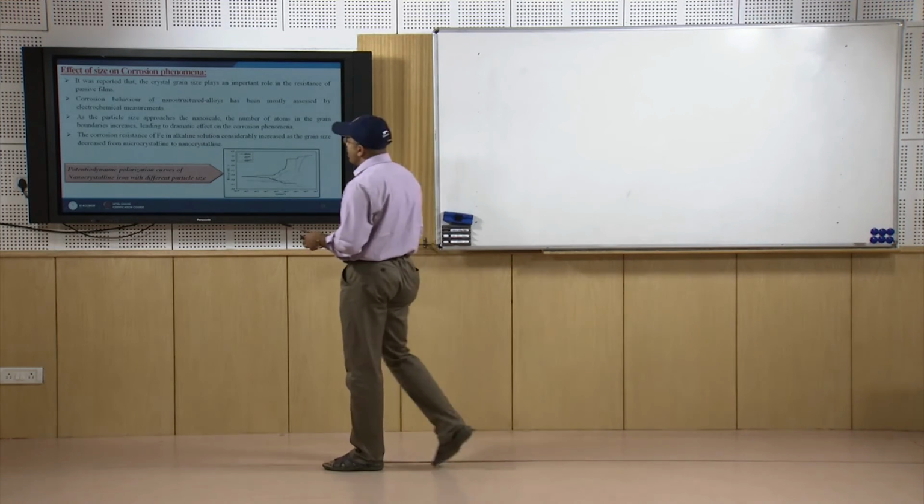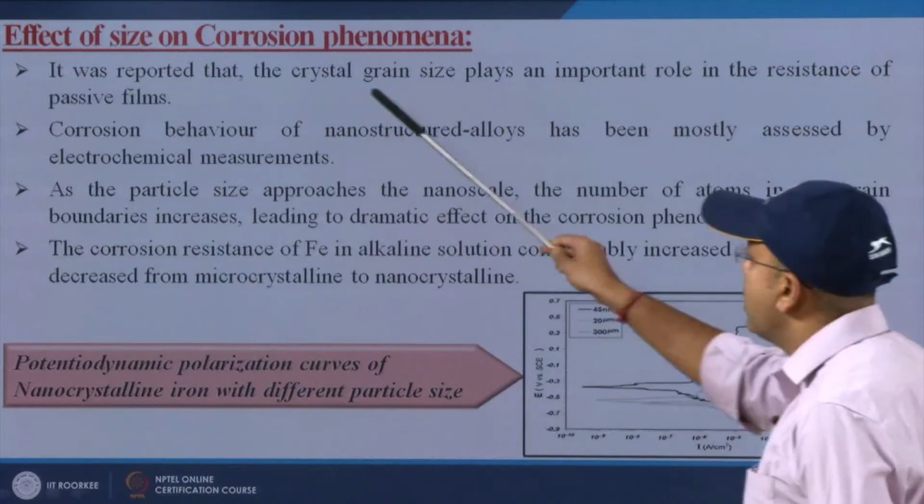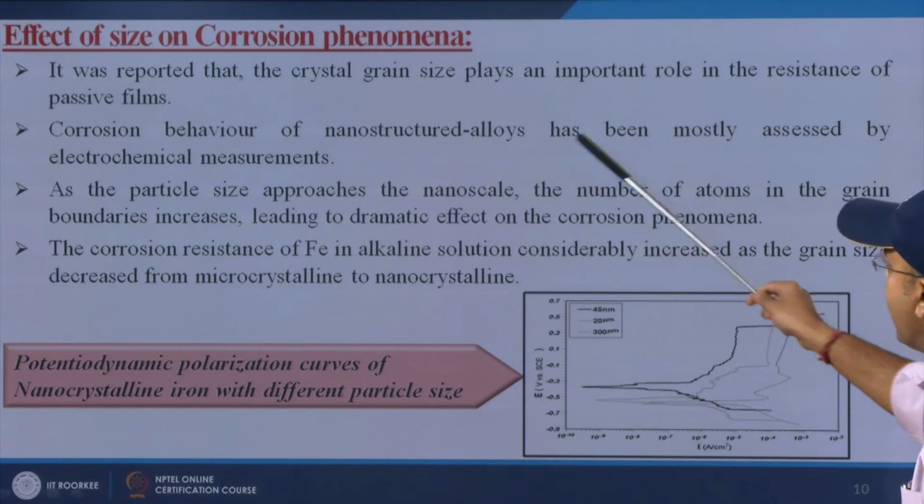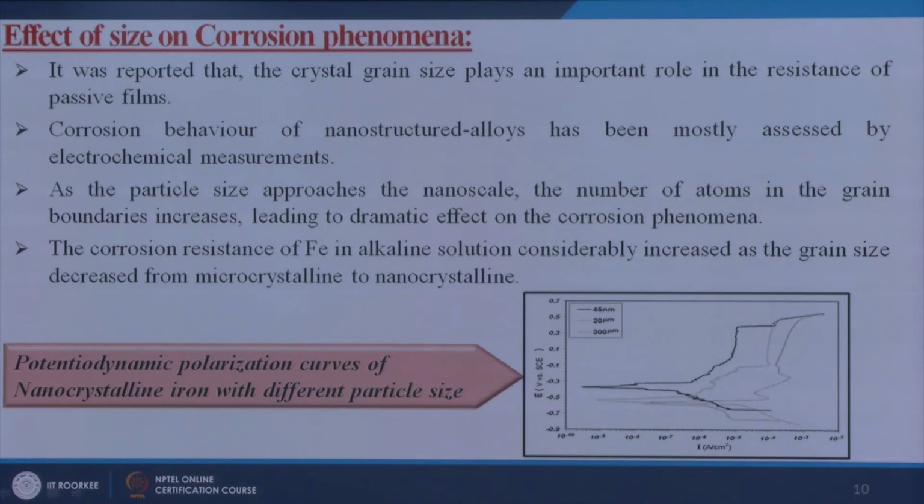In some literature it was reported that crystal grain size plays an important role in the resistance of passive films. That means the corrosion behavior of nanostructured alloys has mostly been assessed by electrochemical measurement. As the particle size approaches the nanoscale, the number of atoms in the grain boundaries increases, leading to a dramatic effect on the corrosion phenomena.